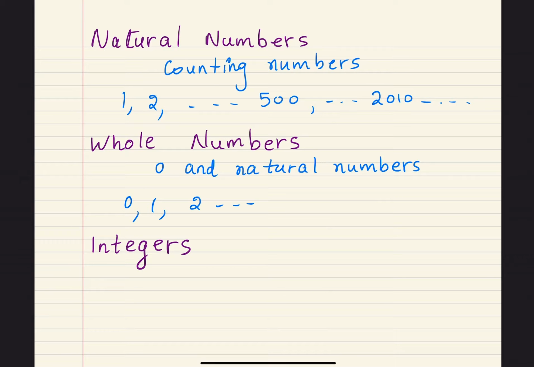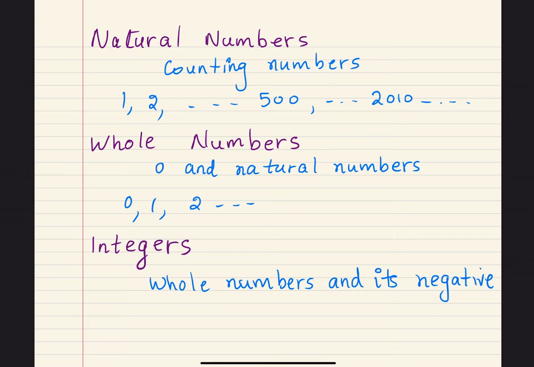Then integers. Integers means whole numbers and their opposites, or negatives. So for example, it will be 0, 1, 2, 3, etc. are whole numbers. Their negatives: 0 doesn't have a negative.